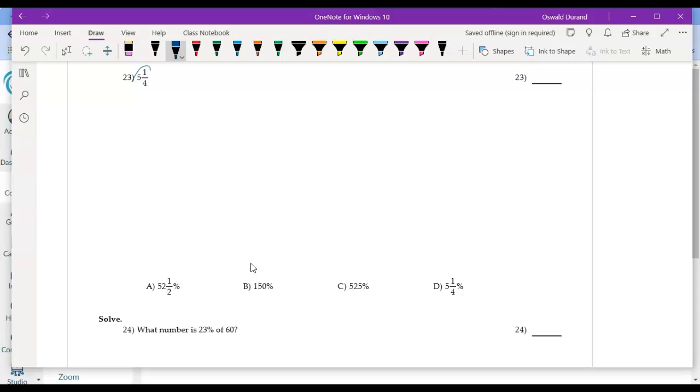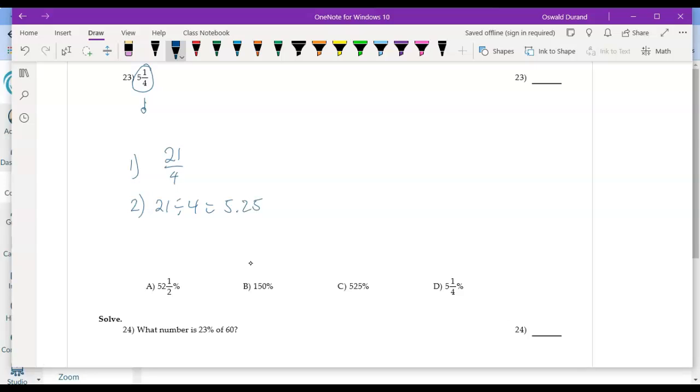And that's it. Okay? So any of those problems that you have there, right? For example, this one might be a little bit different in terms of the steps. So first, put it as an improper fraction. So it's going to be 21 over 4. First step. Second step, put it in decimal form by doing 21 divided by 4, and you get 5.25.